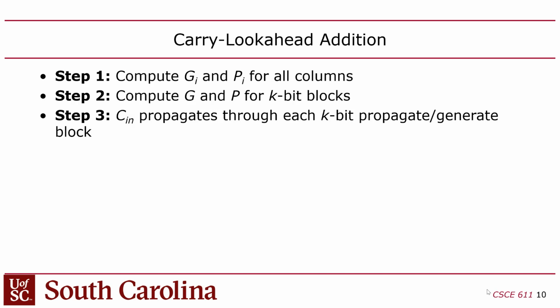But if we calculate the generate and the propagate for all the columns, in other words we add this functionality to all the full adders, so we're adding some extra logic to all the full adders, then we can use all those in another logic circuit to calculate what the carry out of the whole block is going to be. And the goal is to do it faster than propagating the carry in a ripple carry adder, right? Now, how's that going to work?